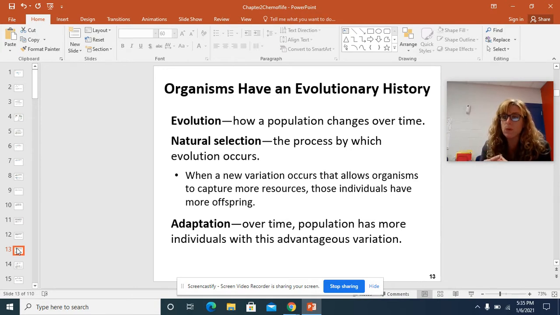For example, if you are a frog living in a lush green environment, but there's a brown variant, those frogs get eaten faster by the birds because they're easier to see. Those frogs don't get to reproduce as much because they're eaten, and so the green frogs continue to reproduce, passing on their green genes. Although the brown genes are in the population, so you're still going to have some brown frogs.